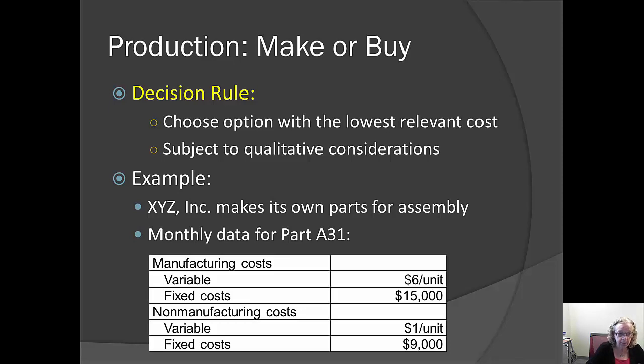For example, XYZ company has collected some data on a component that it needs to make its main product. The component has fixed and variable manufacturing costs and fixed and variable non-manufacturing costs.